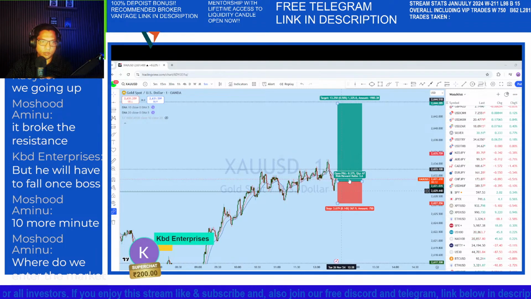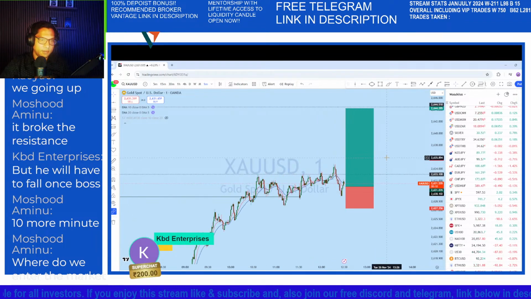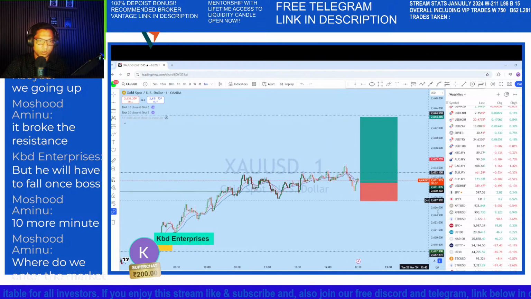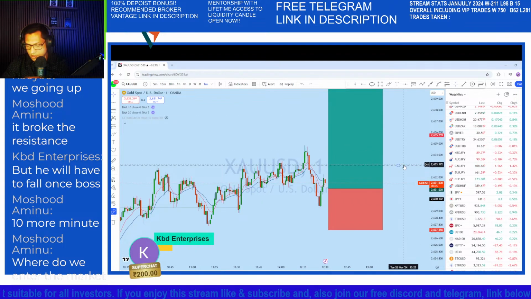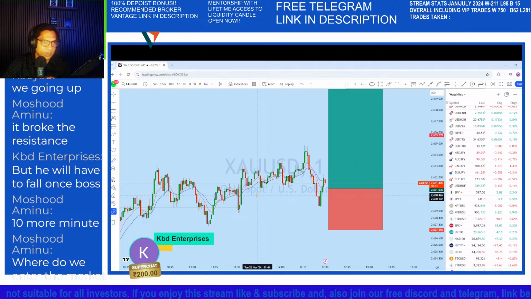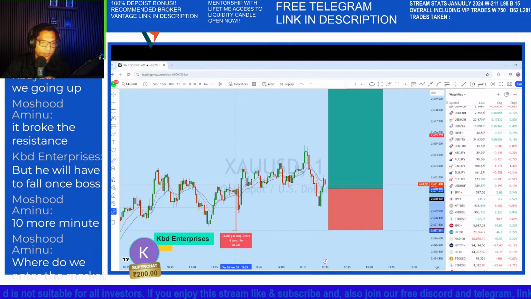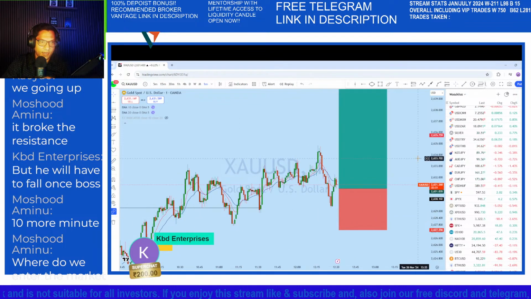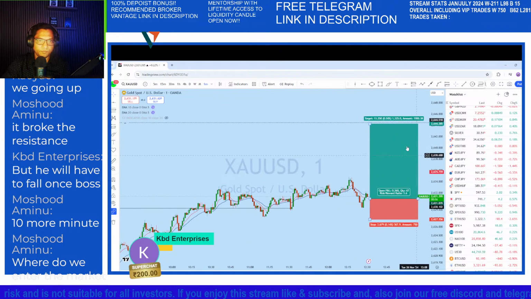Two positions here, and so this is a buy trade on XAUSD. In a similar way, we have here a 38 pip stop loss.